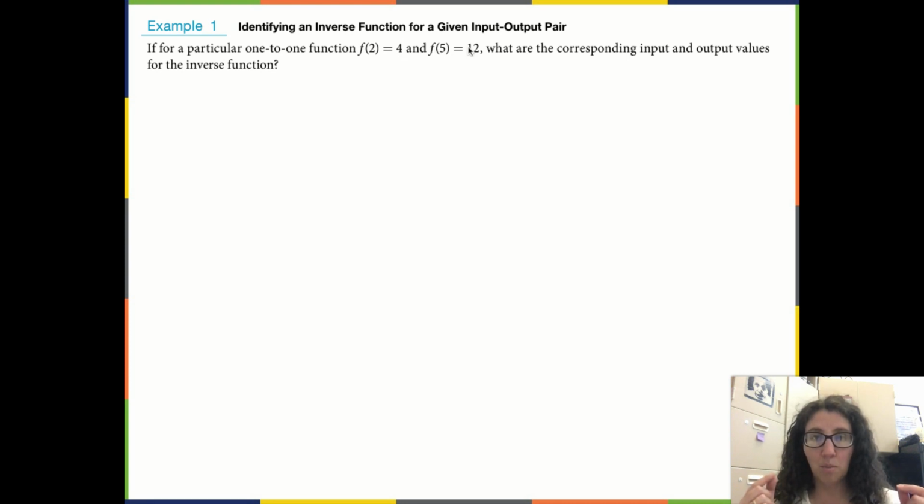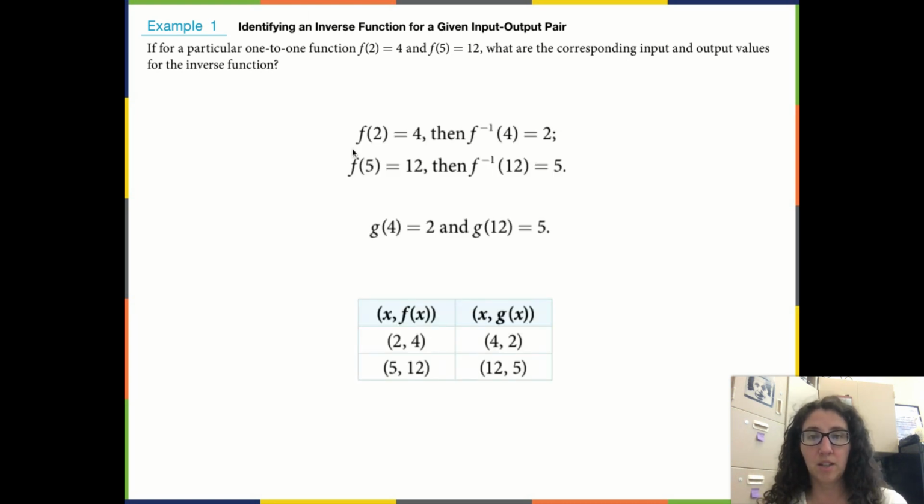The inputs and outputs are going to switch, right? It's like we're going from Fahrenheit to Celsius, and now we're going to go from Celsius to Fahrenheit. The inputs and outputs switch. So we could say this a few different ways. If f of 2 is 4, then f inverse of 4 is 2. If f of 5 is 12, then f inverse of 12 is 5. The inputs and outputs switch.